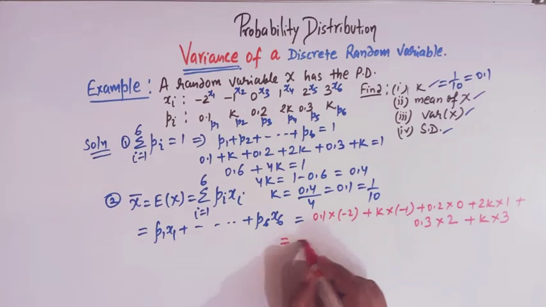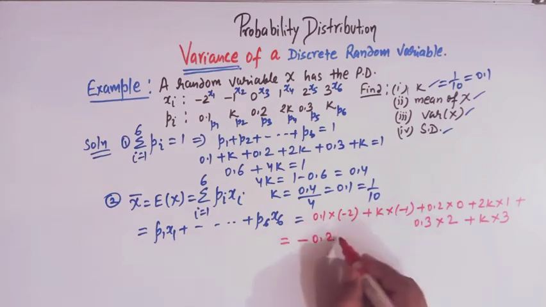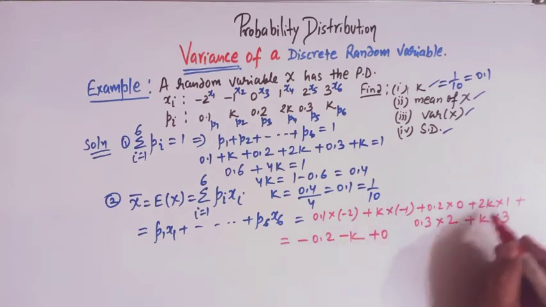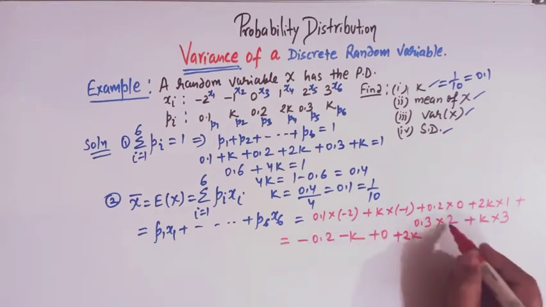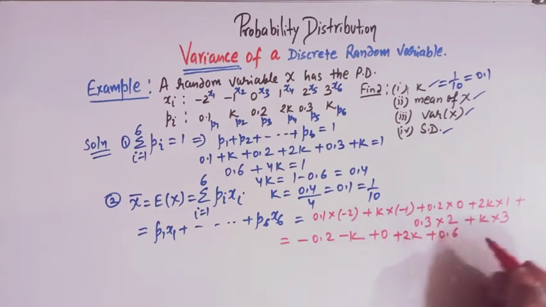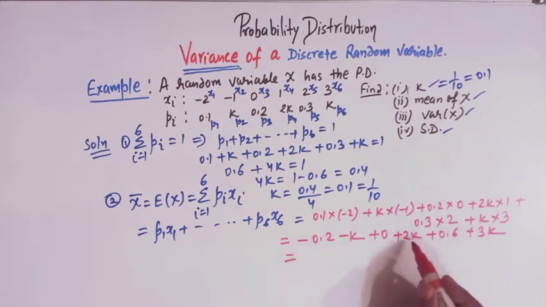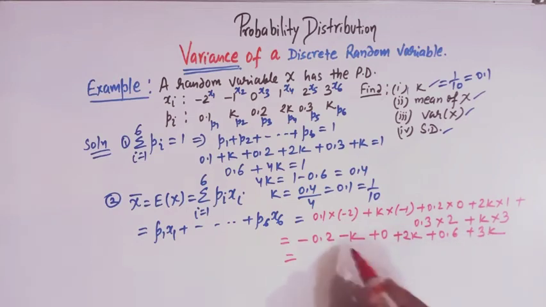So here we have minus 0.2, this is minus k, this becomes 0, this is 2k, this is 0.6, and this is 3k. So we have 2k plus 3k, 5k, minus k, 4k, and 0.6 minus 0.2 is 0.4, right?